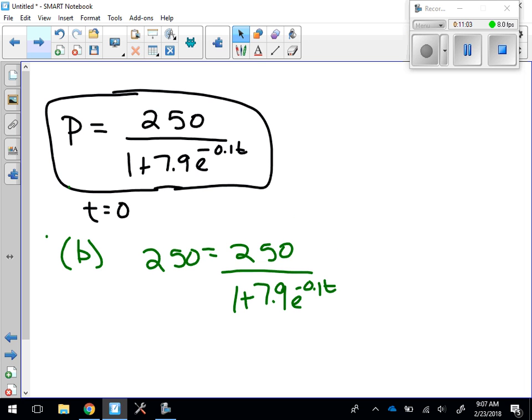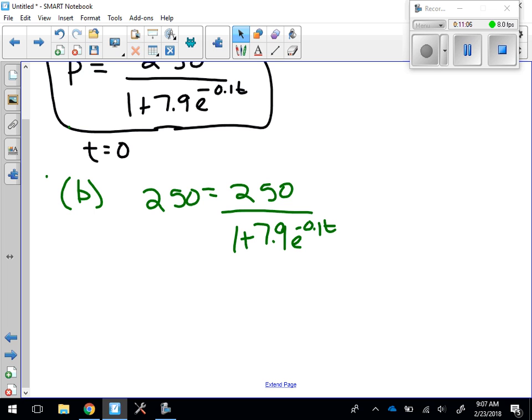Right? Because that's what it's asking me: find the time when my population is equal to the carrying capacity. So what I've done is I've substituted in 250 for P.